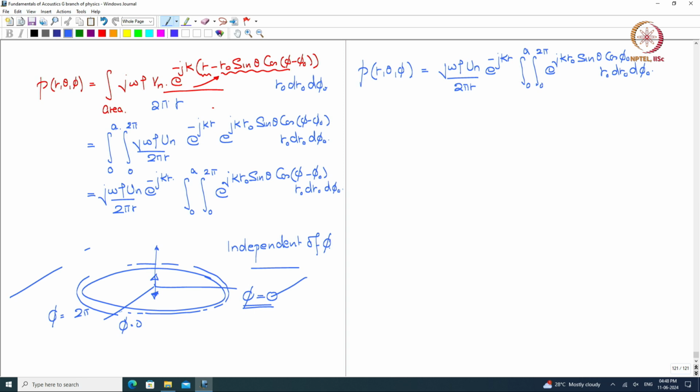Now if we look at this term e to the power j k r0 sin theta cos phi 0, how does this look now?